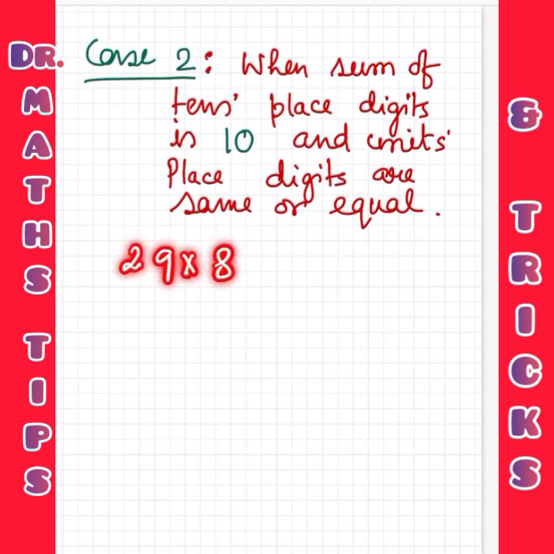Let us multiply 29 into 89. Here the units place digits are equal, that is 9. Let us see what is happening here. Now I am showing the trick. Put two lines on the right side.